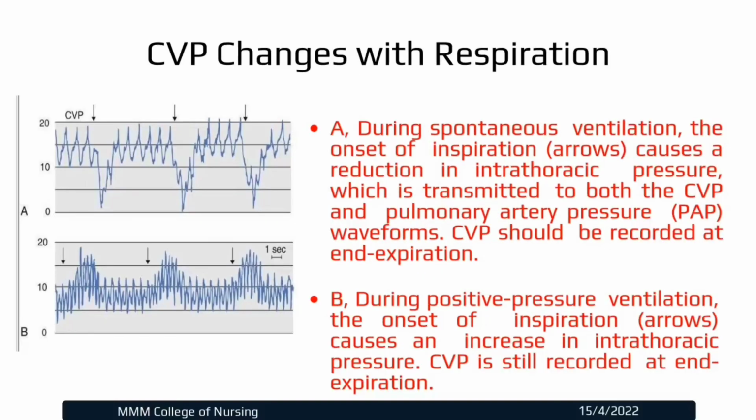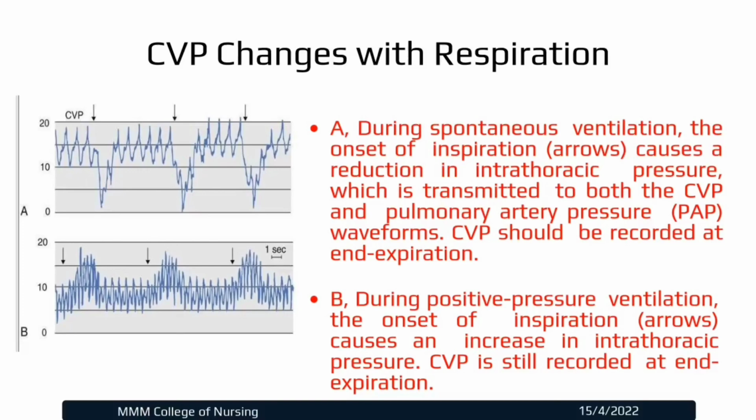Next, we move on to the central venous pressure changes with respiration. During spontaneous ventilation, the onset of inspiration causes a reduction in intrathoracic pressure, which is transmitted to both the central venous pressure and pulmonary artery pressure waveforms.